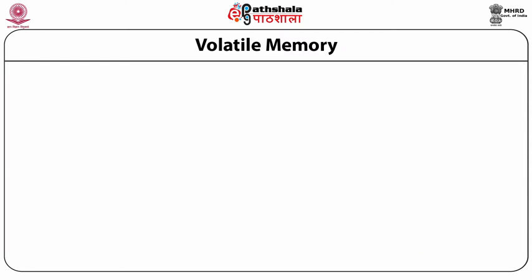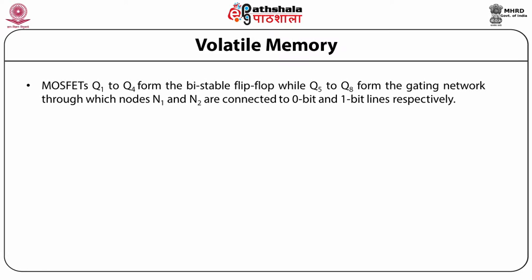Here, the MOSFETs Q1 to Q4 form the bistable flip-flop, while Q5 to Q8 form the gating network through which nodes N1 and N2 are connected to the 0-bit and 1-bit lines respectively.